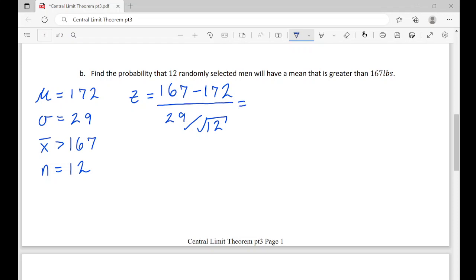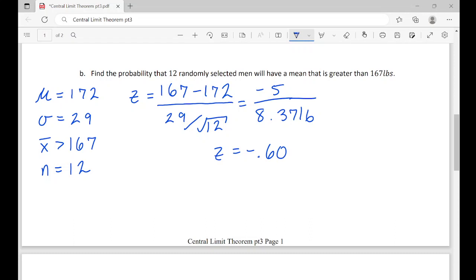And I would recommend doing top and bottom individually so you don't make a mistake. The top is going to be negative 5, whereas the bottom is going to be 8.3716. And when we put that into our calculator, we're going to get negative 0.60.